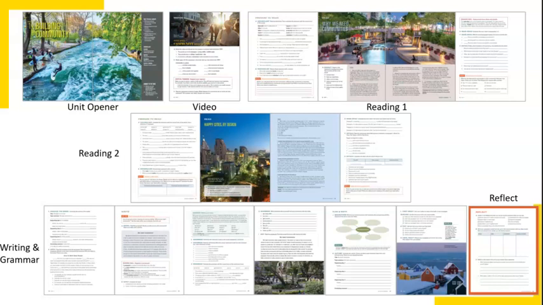The units themselves are organised into 6 sections and include the following features: a unit opener, a video, 2 readings, the writing and grammar section, and the final Reflect activity.